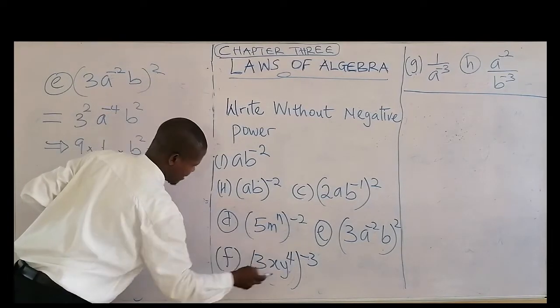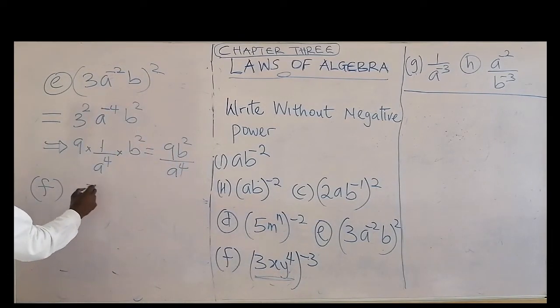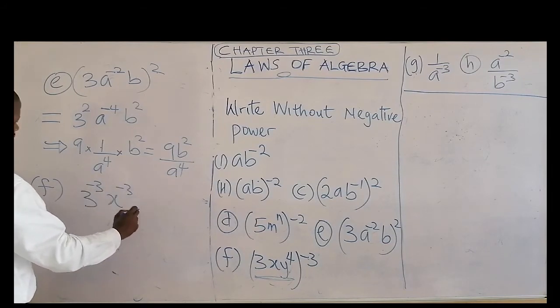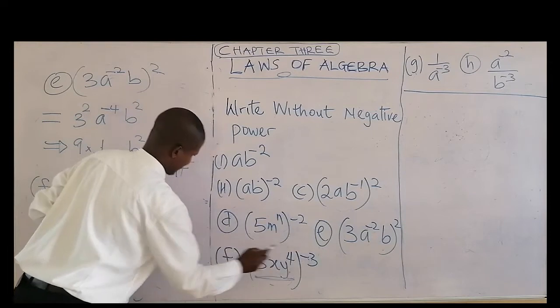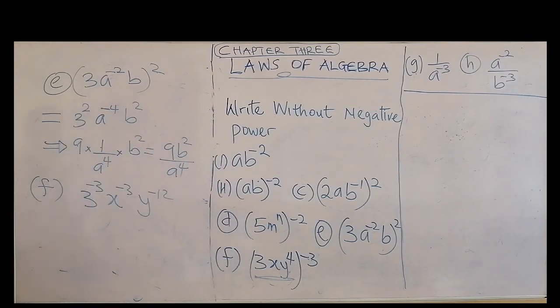Next question. This minus 3 will affect each of the contents. So that will be 3 to the power minus 3, x to the power minus 3, and then 4 times this, that's y to the power minus 12. Okay?